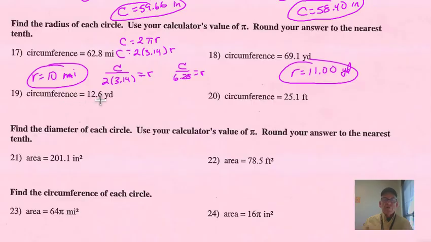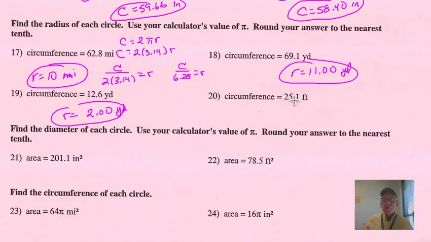Here we got a circumference of 12.6 yards. So we're going to do 12.6 divided by 6.28. And that's 2.00. That's yards. And over here, we have feet for the circumference.